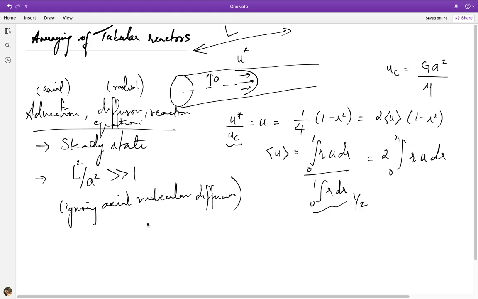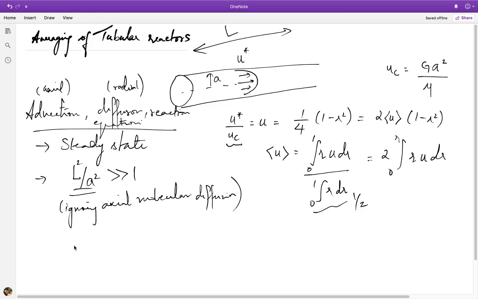But as we shall see, the average model ultimately introduces an effective axial diffusion due to the dispersion effect, which is convective in nature. And so relative to that dispersion in the axial direction, this molecular diffusion will be insignificant provided this condition holds.